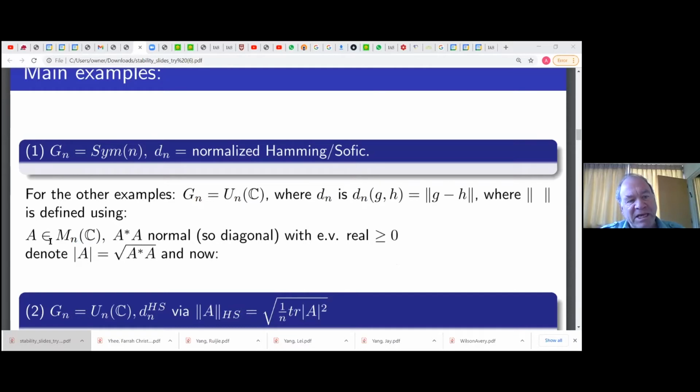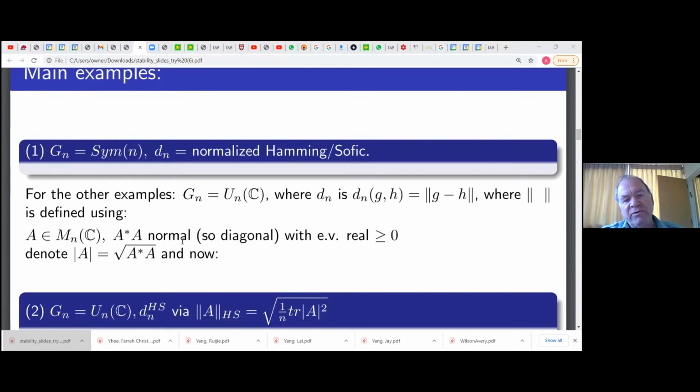For a matrix A in Mn(C), namely an n by n complex matrix, let's look at A star times A. It's easy to see that it's a normal operator. That's standard linear algebra. If it's a normal operator, it can be diagonalized. Moreover, it is a positive operator, so all the eigenvalues are real and non-negative, greater or equal to 0.